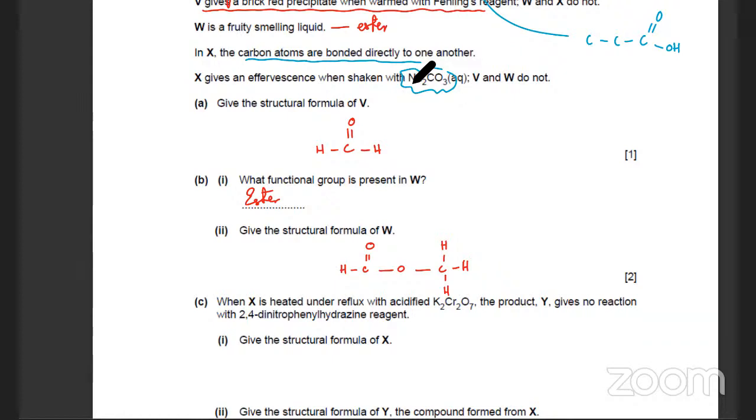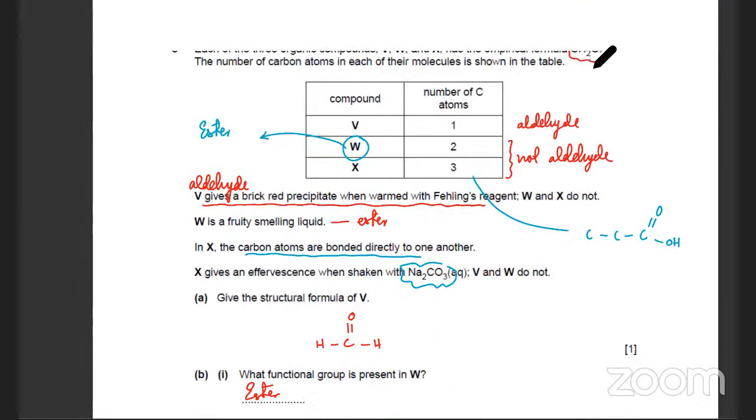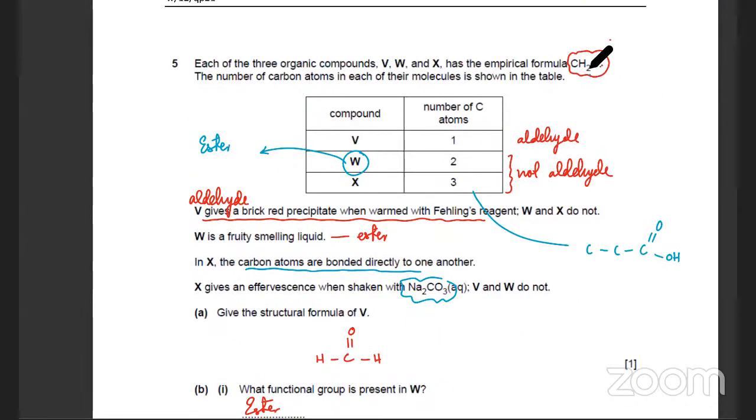And the last one is when X is heated with... about X, remember the empirical formula is CH2O. So if you have C3, then according to the empirical formula, the H would be 6 and O would be 3.